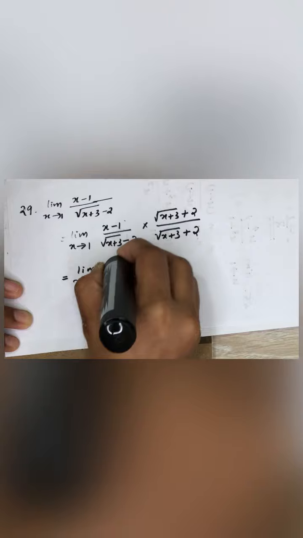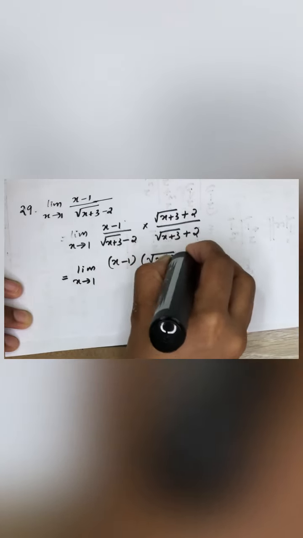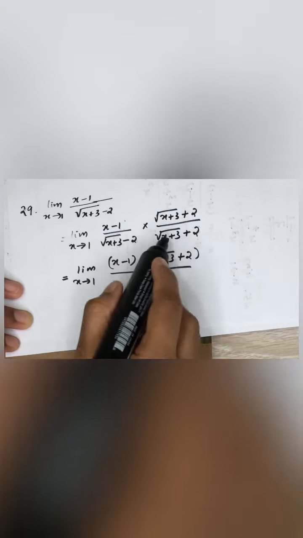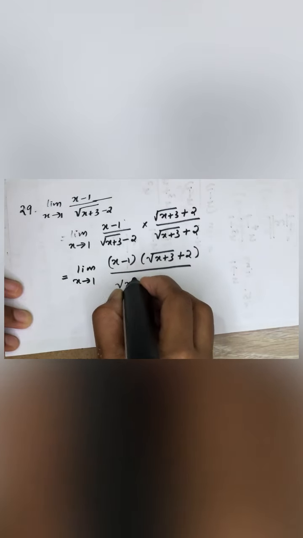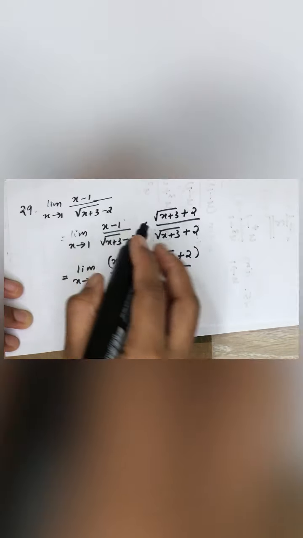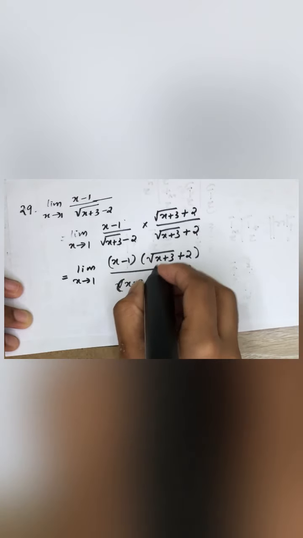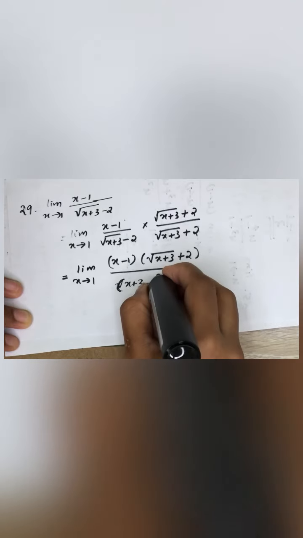This is equal to limit x tends to 1, (x minus 1) into (root of x plus 3 plus 2) divided by, this is in the a minus b into a plus b form, that is a square minus b square. That is root x plus 3 the square, just x plus 3, and b square is minus 2 square, which is 4.